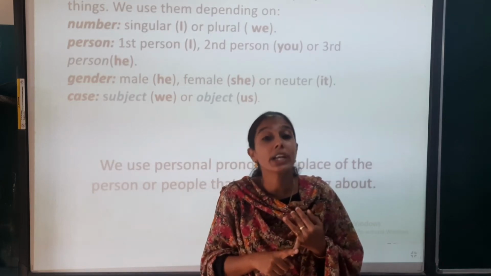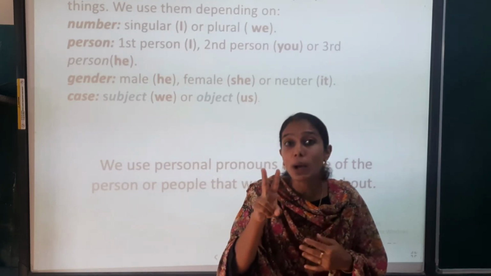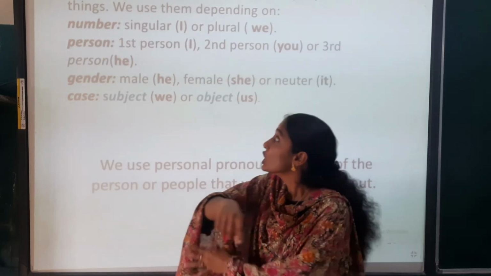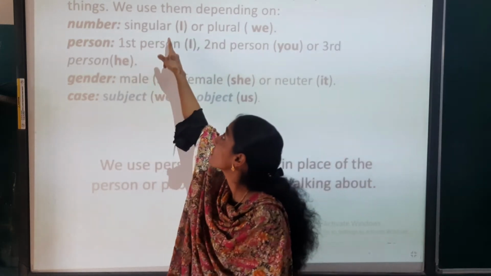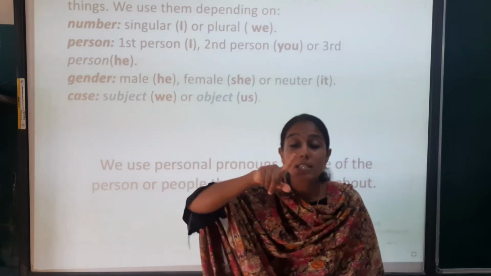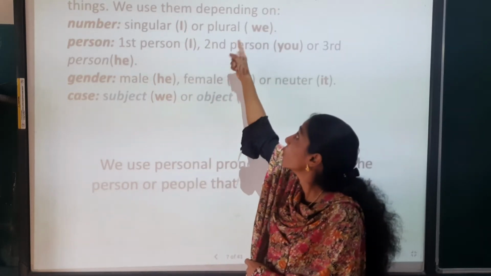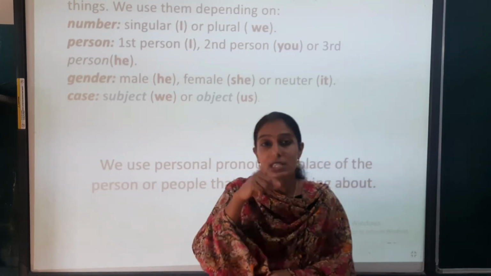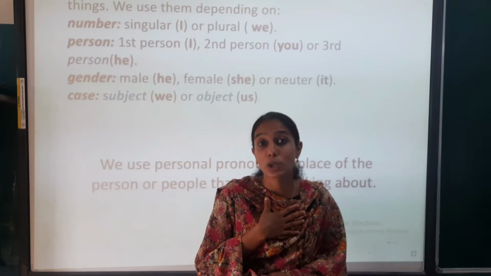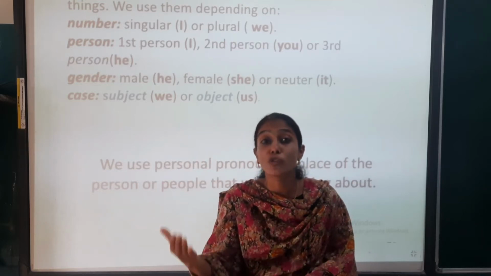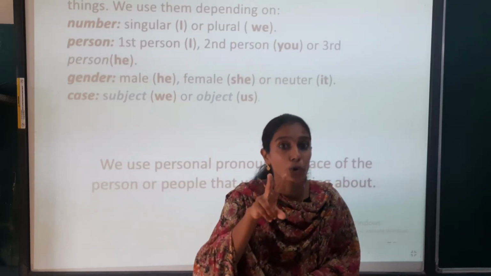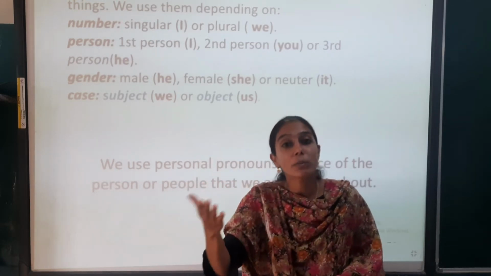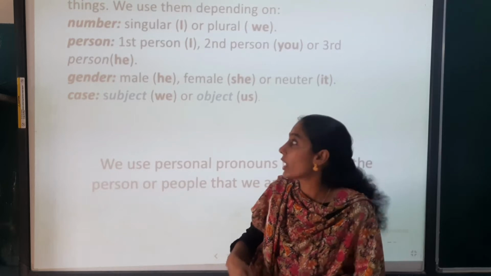I have told you that in English grammar we have 2 numbers, singular and plural. So depending upon the number, I is a singular pronoun, we is a plural pronoun. I means I am alone, so it is singular. But when I talk about we, it means 2 or more people, so it becomes plural. Singular means 1, plural means 2 or more.